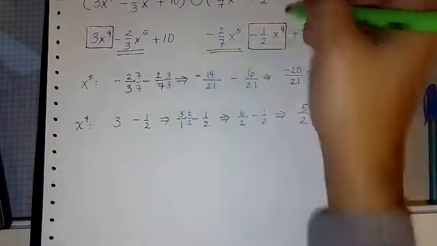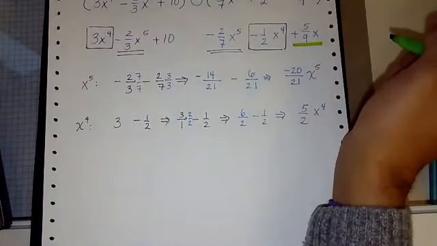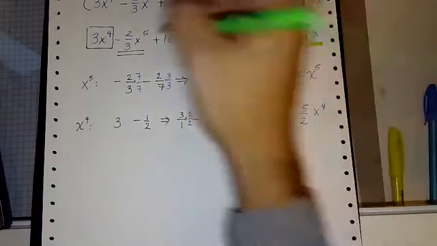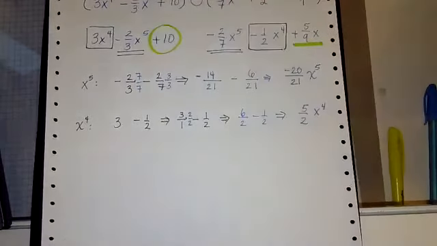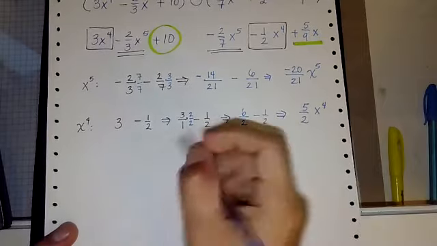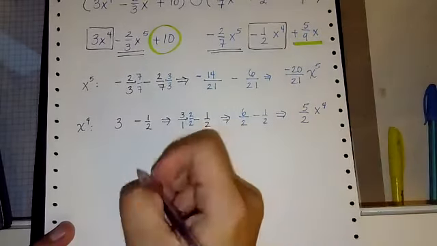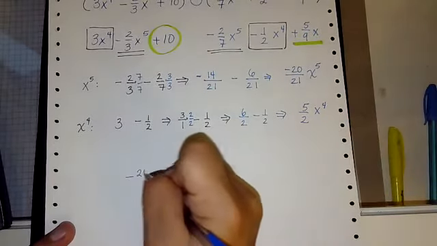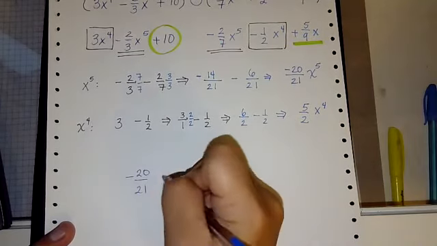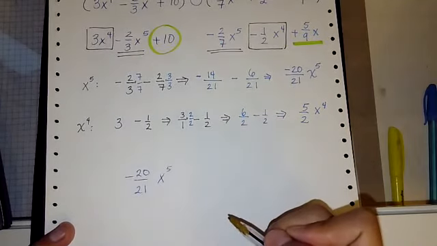Luckily, this is the only x term, and this is the only constant term. So that's pretty much all the work I have to do here. And let me put it all back together. We should have negative 20 over 21 x to the 5th power comes first.